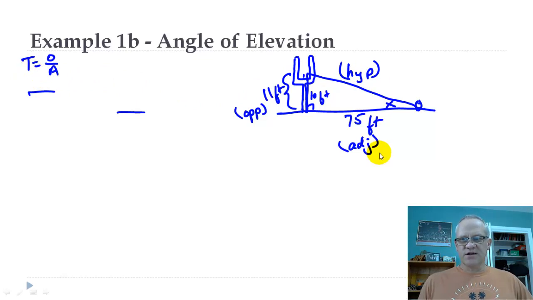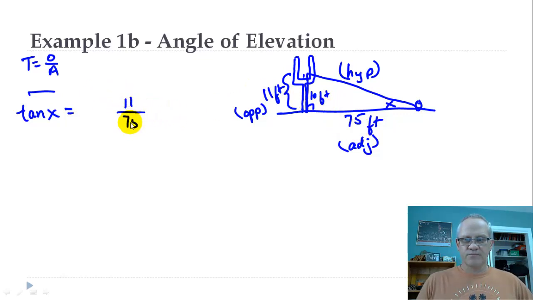Okay, so let's set it up. We've got the tangent of x equals opposite, so 11 over 75. Okay, so the tangent of x equals opposite 11 over 75.